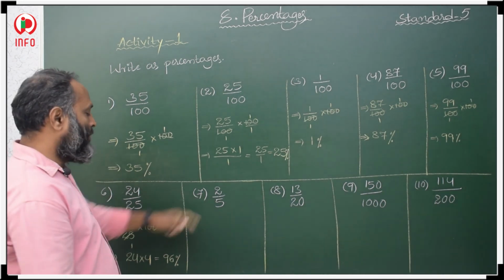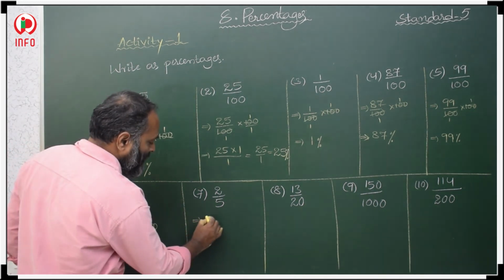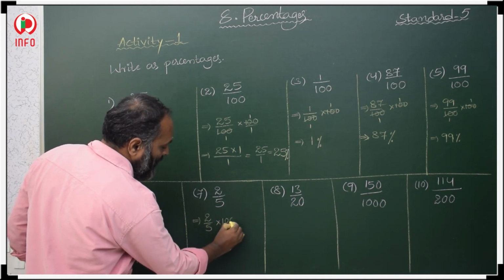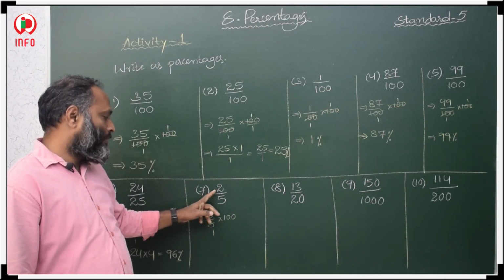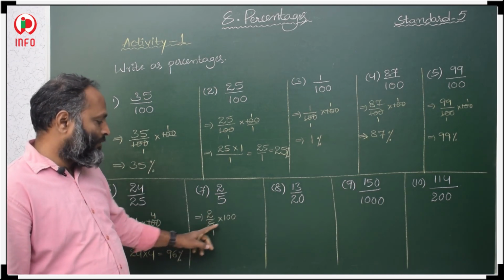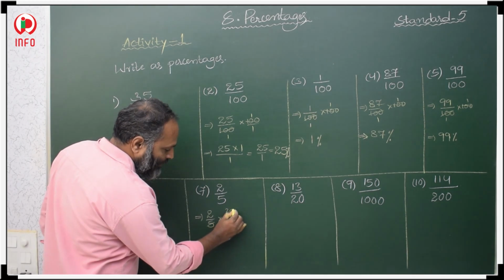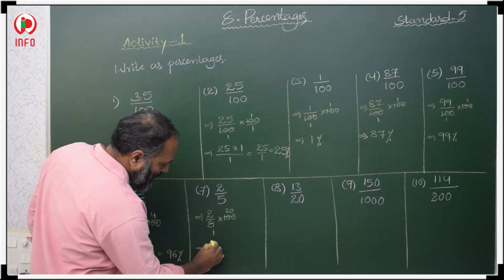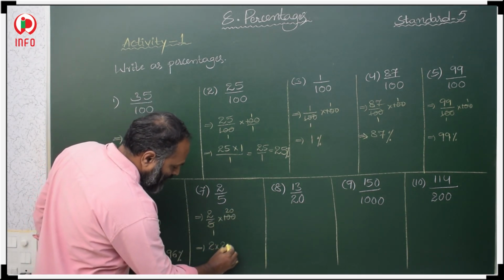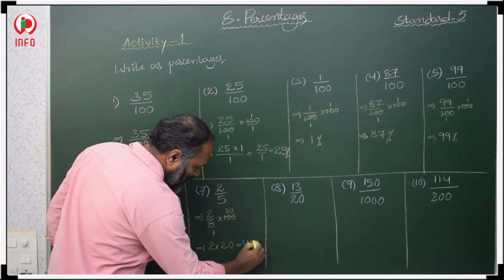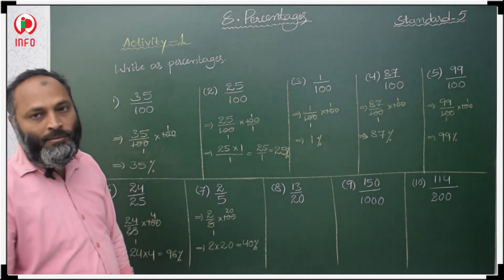Now 2 by 5 as a percentage means 2 by 5 into 100. 5 ones are 5, 5 twos are 10, 5 twenties are 100. Then 2 into 20, 2 twenties are 40%. So 2 by 5 means 40%.